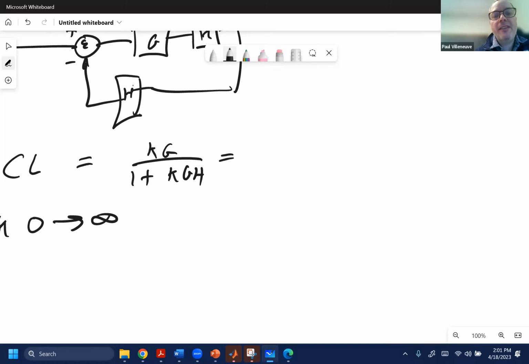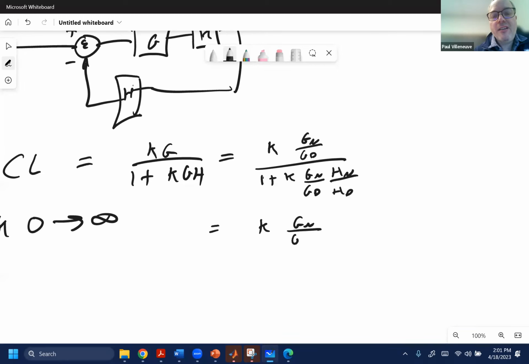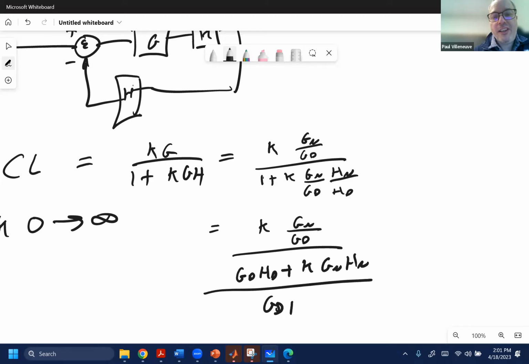Let me expand that a little bit. We have K times the numerator over the denominator of G, all over 1 plus K times the numerator over the denominator of G times the numerator over the denominator of H. When I put that under a common denominator, I get Gn over Gd, all over Gd Hd plus K times Gn Hn, all over Gd Hd.